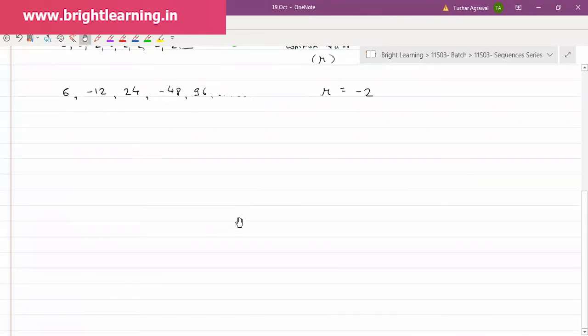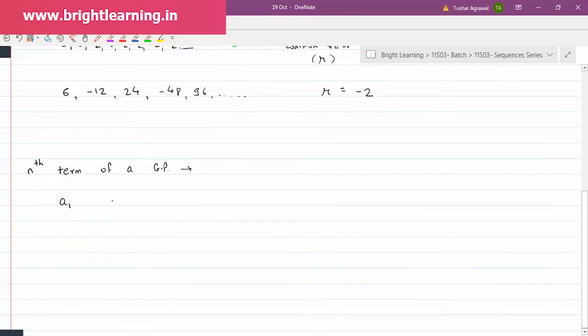Now to find the nth term of a geometric progression. Since we have done arithmetic progression, you will find geometric progression very easy, meaning the concept is very easy. Formulas will definitely change, but how to derive the formulae, that part will be very easy for you. Nth term of a geometric progression. How is a geometric progression represented?